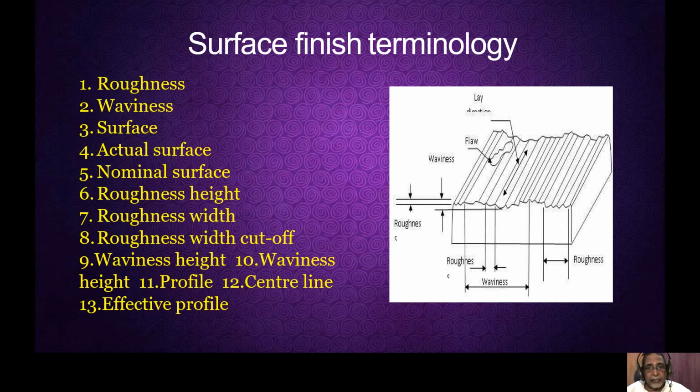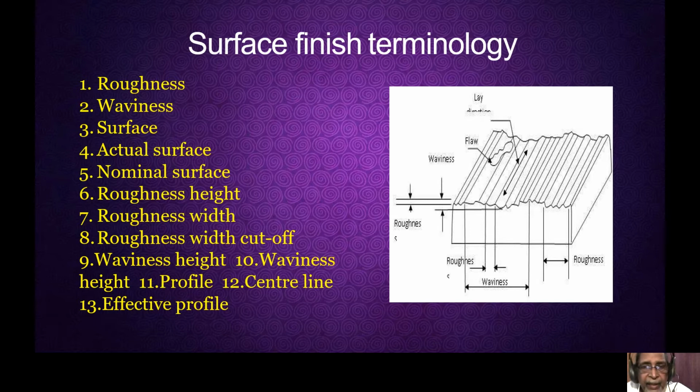Again, the surface may be an excellent surface, very good, without any defects. Then the actual surface, nominal surface, roughness height, roughness width, cutoff, waviness height, then profile of the surface, center line, and effective profile.